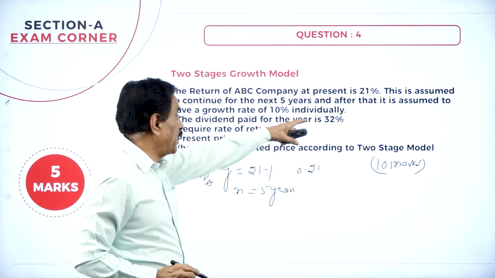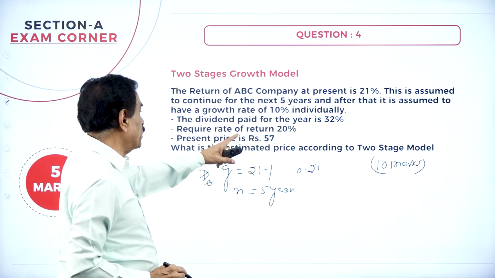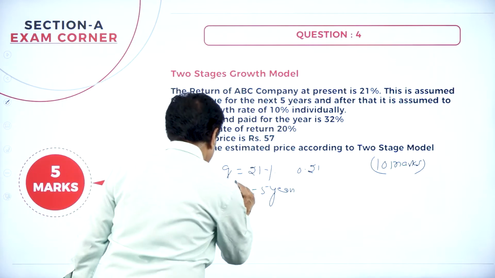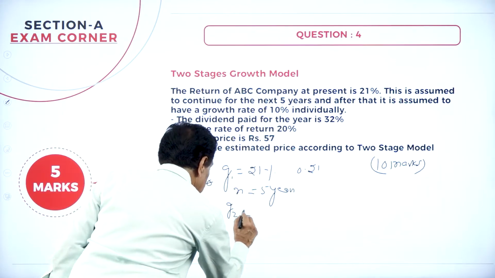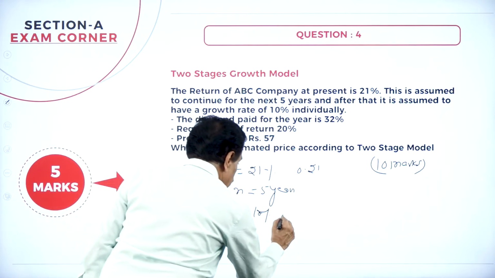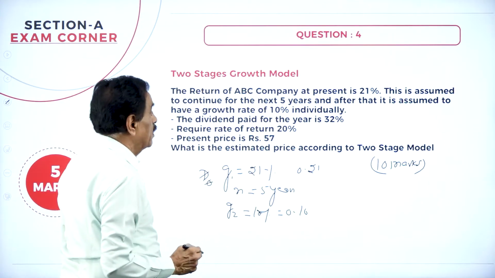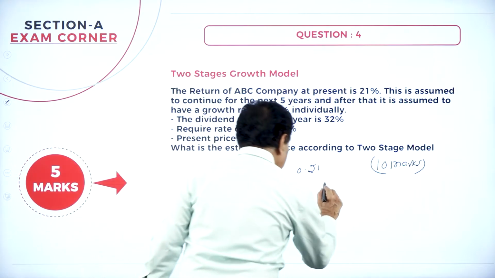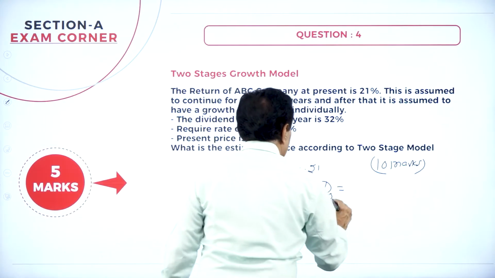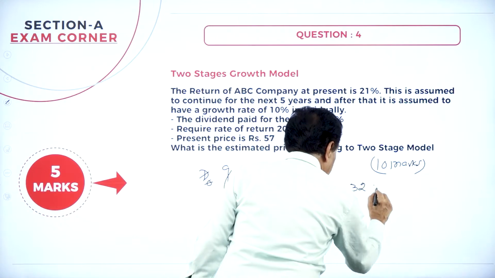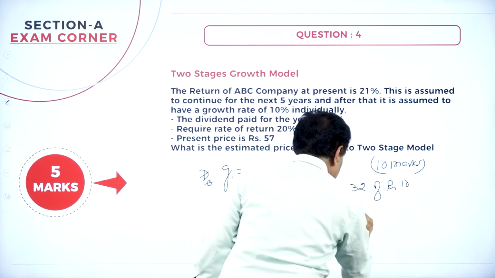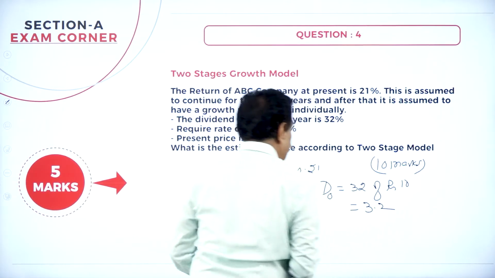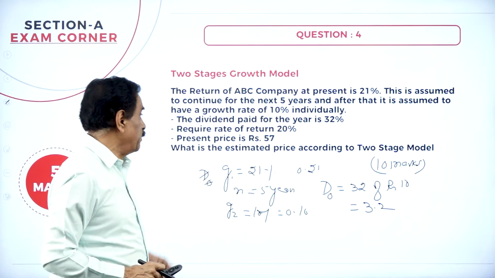This is assumed to continue for 5 years. After that, it's assumed that the growth rate is 10%. This is g1, g2, 10%, 0.10. Then the dividend paid is D0 is equal to 32 percent of rupees 10, which is 3.2.